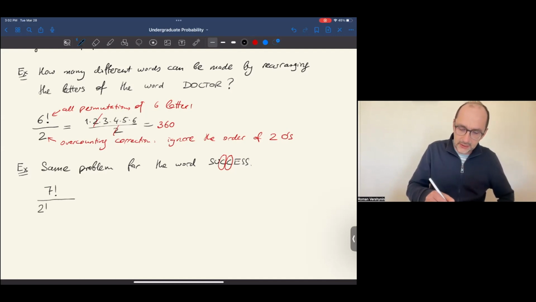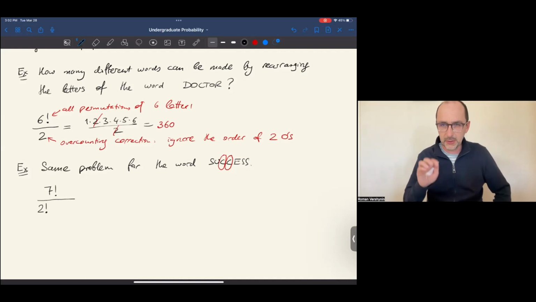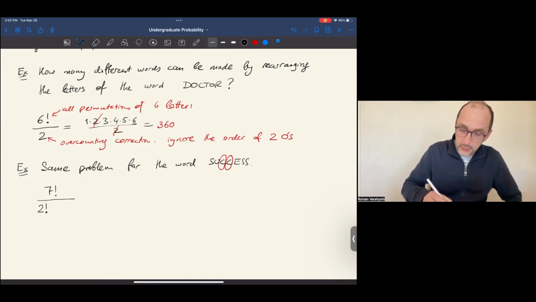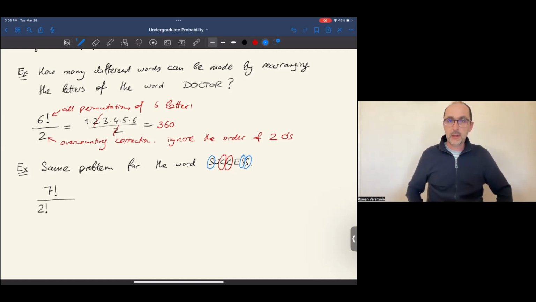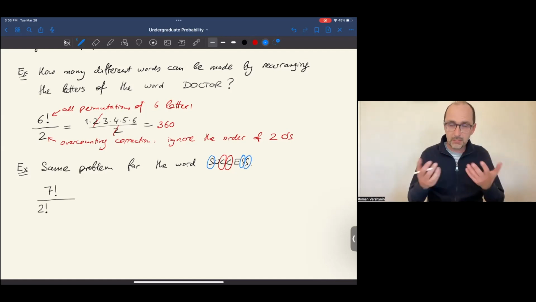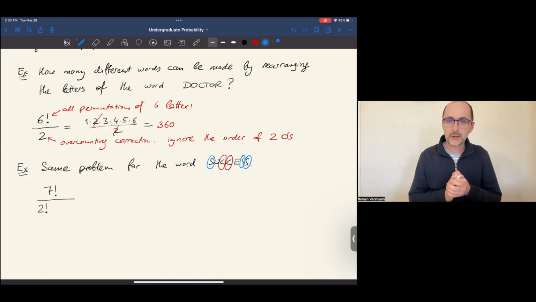That's actually indicated by 2 factorial here, because 2 factorial is how many ways you can flip the 2 together. And we also have 3 letters S that are identical. By how much did we overcount because of the repeated letter S?